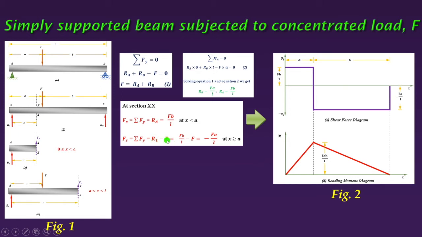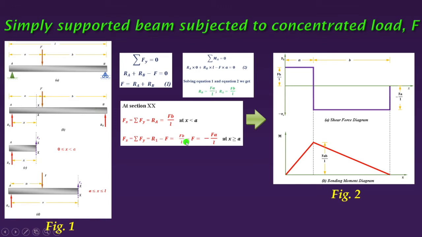So R1 minus F, substituting the value of R1, gives Fb by L minus F, which equals minus Fa by L. So this is the value of shear force when x is greater than or equal to a, for the entire zone from this point to this point.